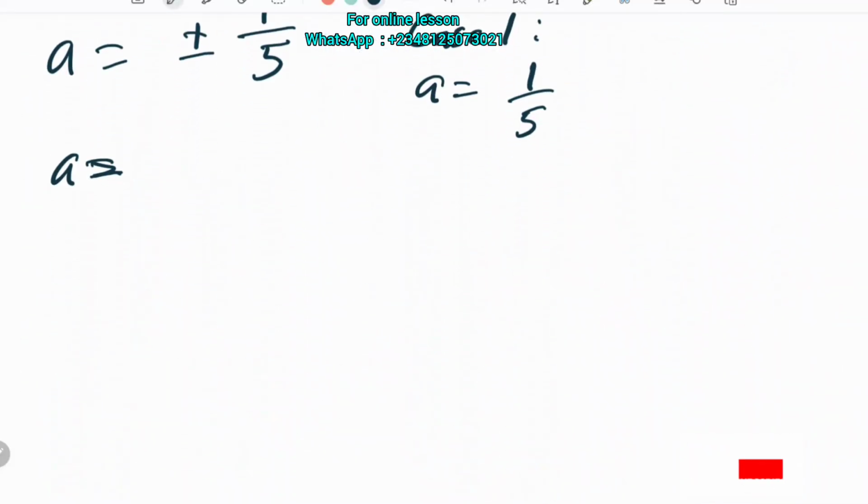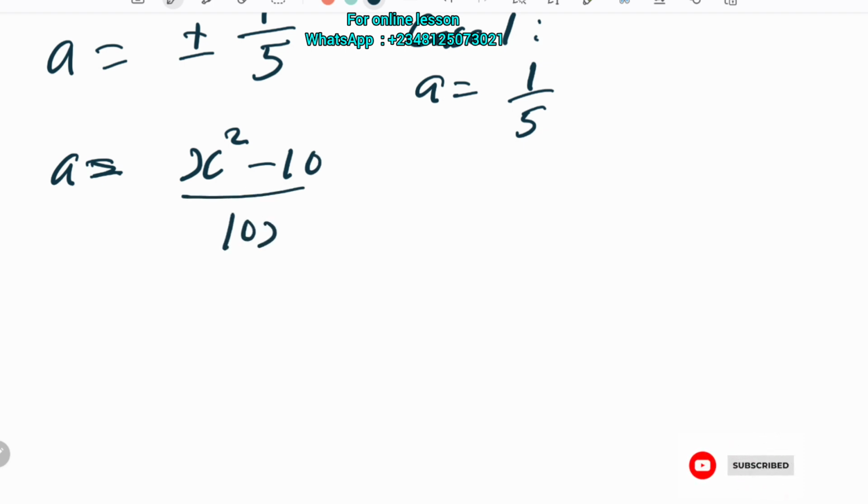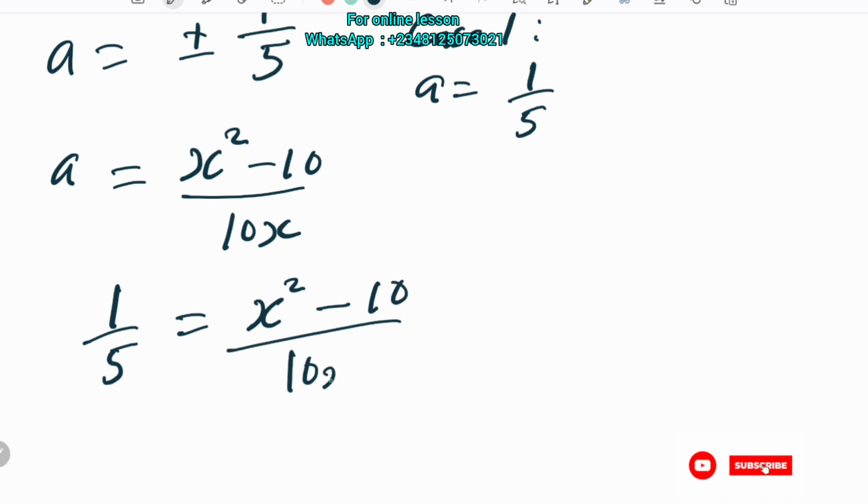We have a equal to x squared minus 10 all over 10x. So let us put the value for a into this equation.